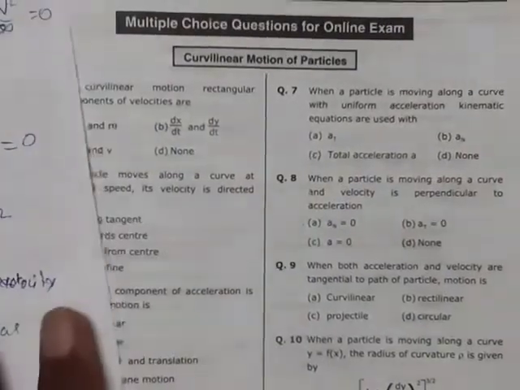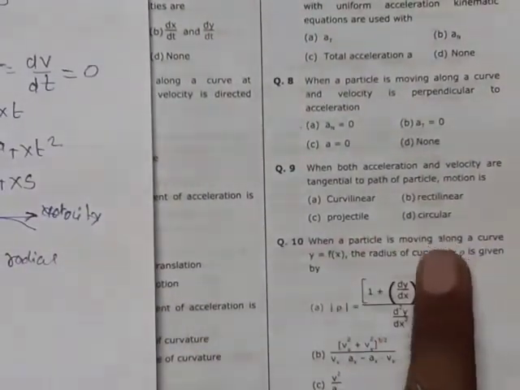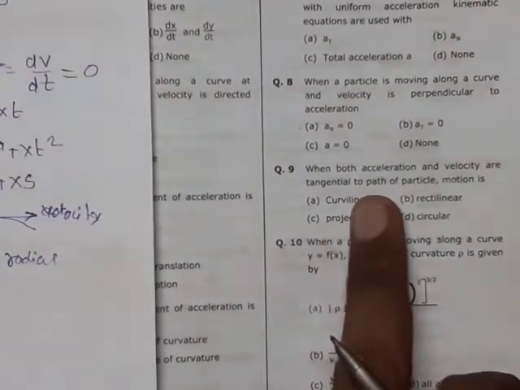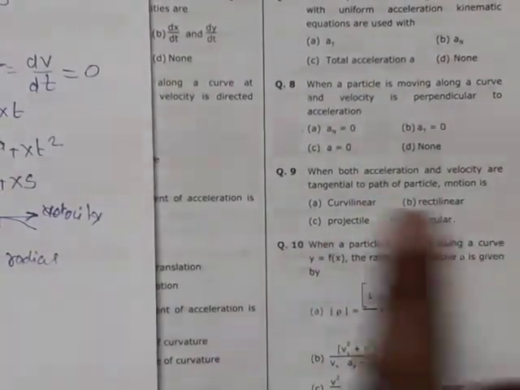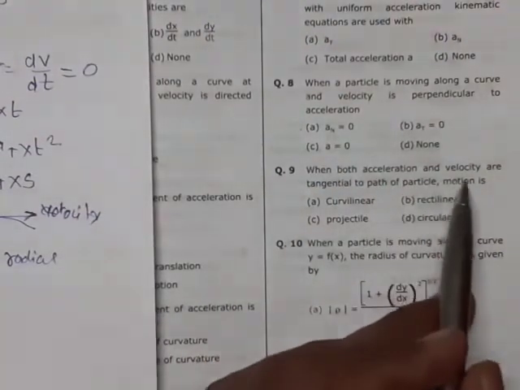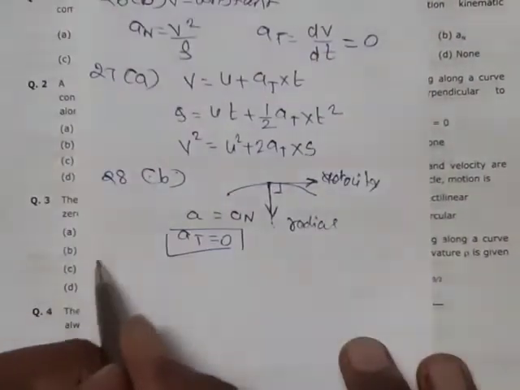Now we'll see question 9. Both acceleration and velocity are tangential to the path of the particle. The motion is either curvilinear, rectilinear, projectile or circular. Here we are saying that both velocity and acceleration are tangential. So in question 9 I will draw a figure.